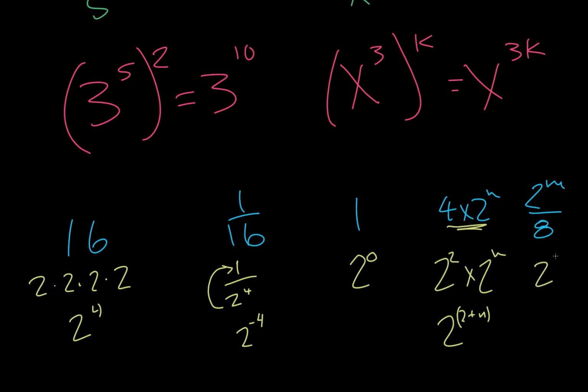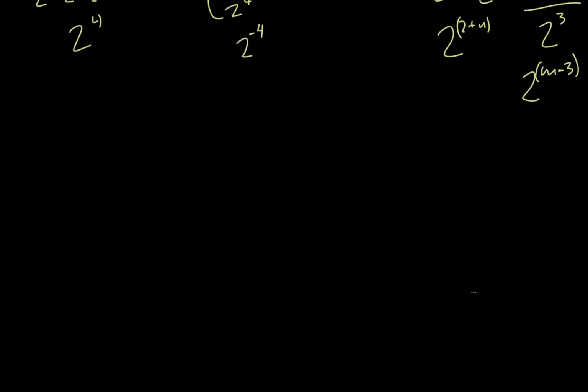So we're going to have 2 to the m over, now 8 can be written as 2 to the 3, and then our exponent rule says we need to subtract exponents, so it becomes 2 to the m minus 3. Okay, now we're going to keep moving on.